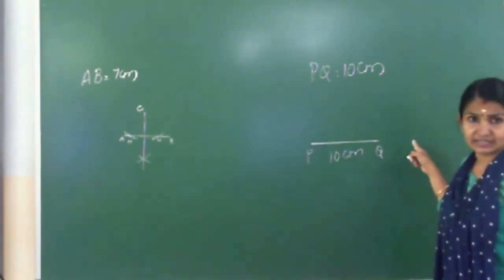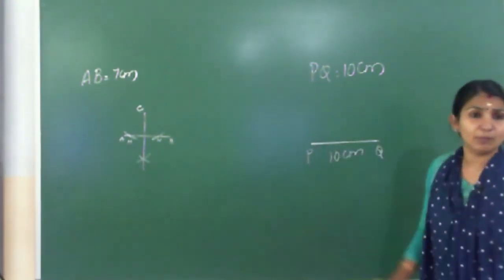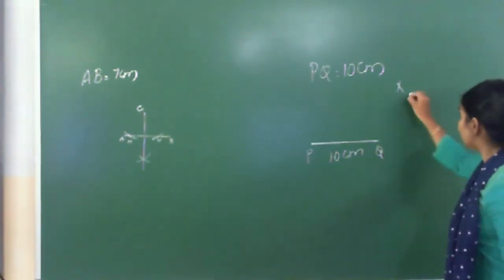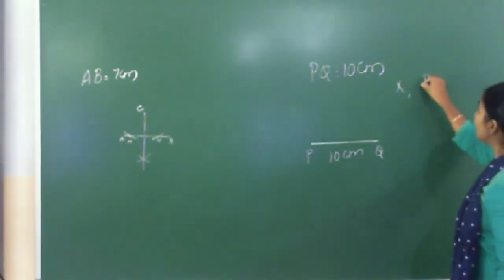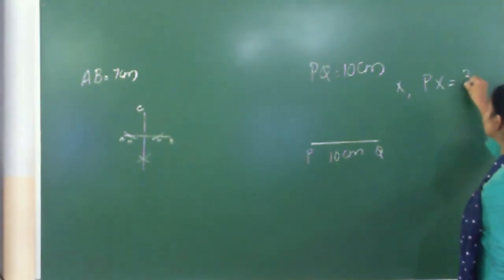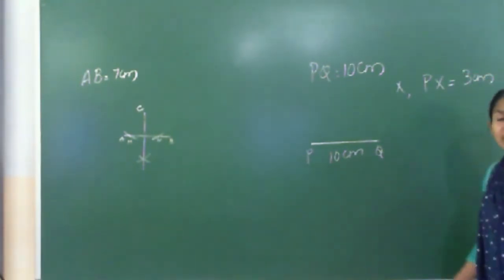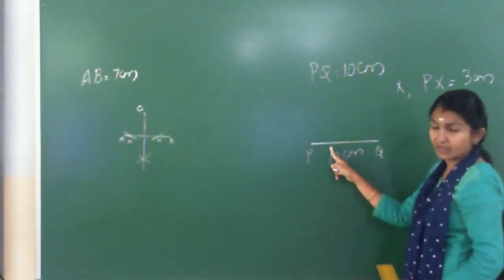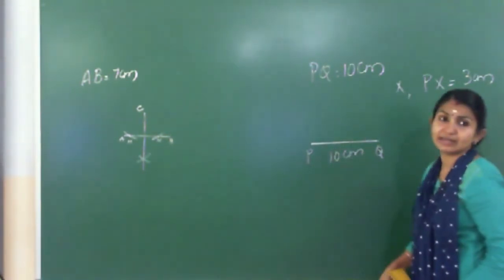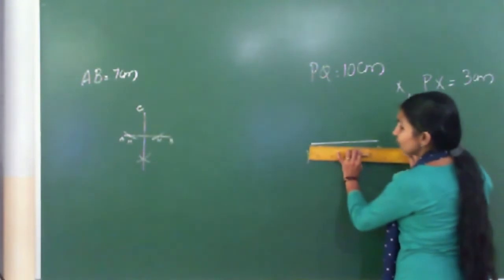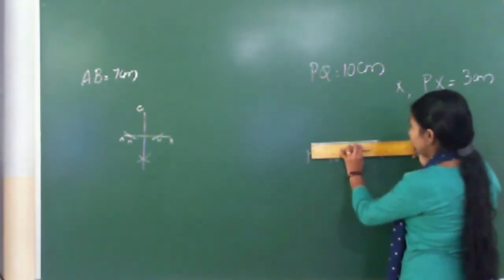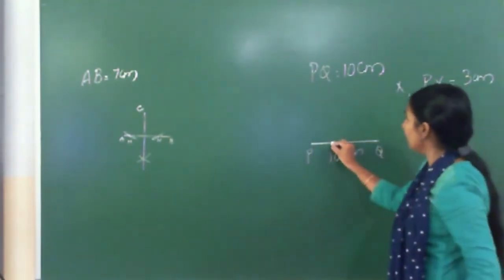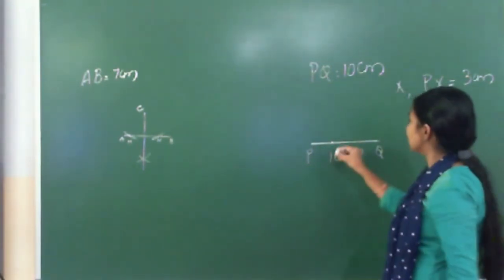In this line segment, we want to mark a point X such that PX is equal to 3 centimeter. It means from P we want to move 3 centimeter away, and there you have to mark it as X. So, we keep our scale like this, 3 centimeter away, mark a point, name it as X.